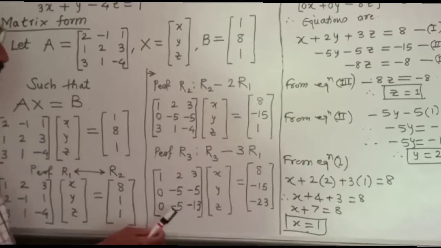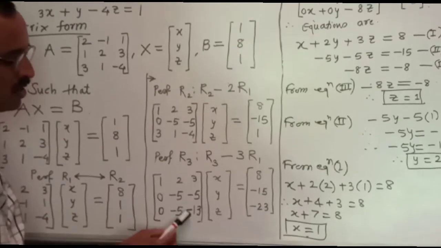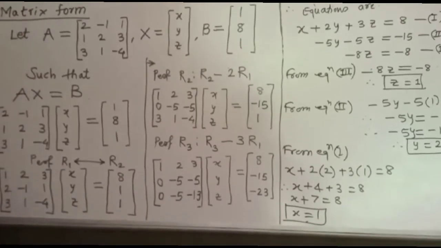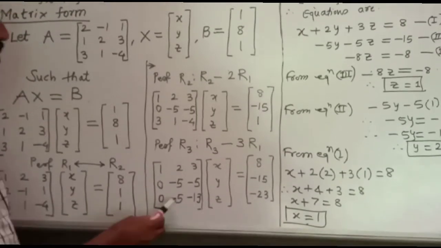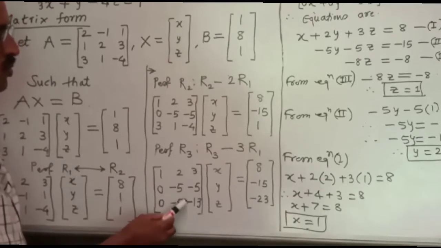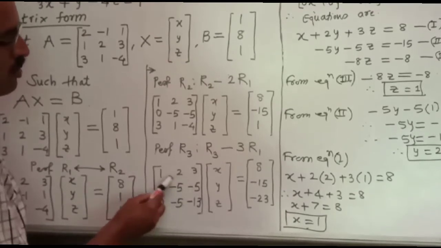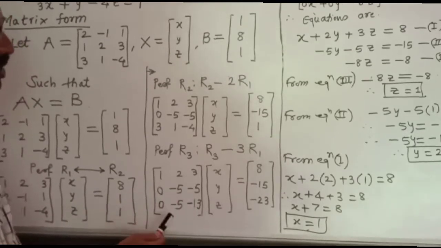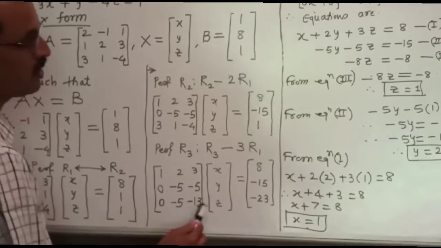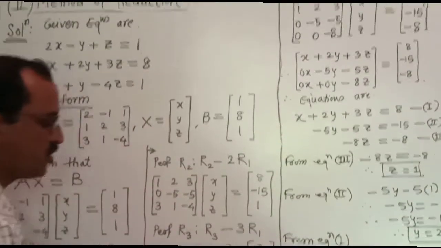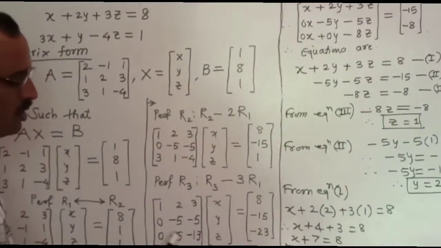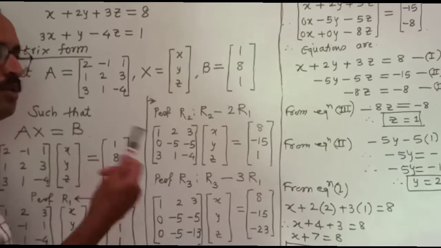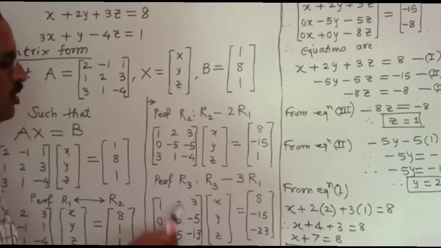Now we convert this element minus 5 into 0 so that we get an upper triangular matrix. To convert this minus 5 into 0, we use this minus 5 of row R2. If we perform R3 such that R3 minus R2, then minus 5 minus minus 5 means plus 5, so minus 5 plus 5 is 0.